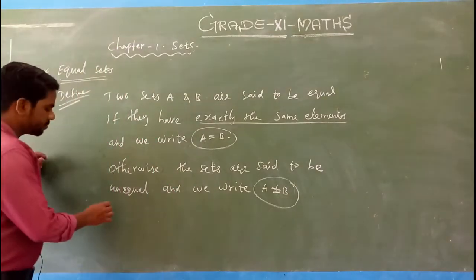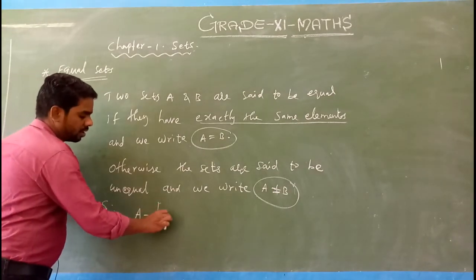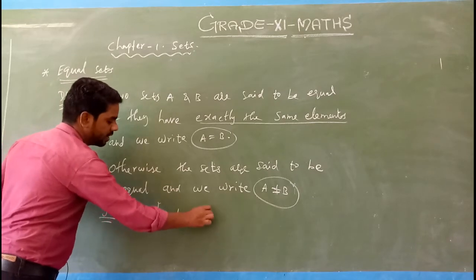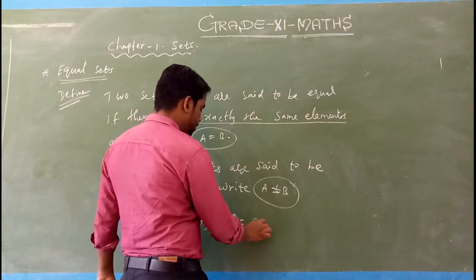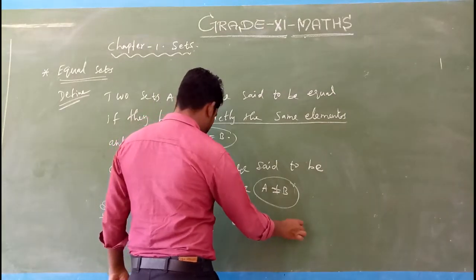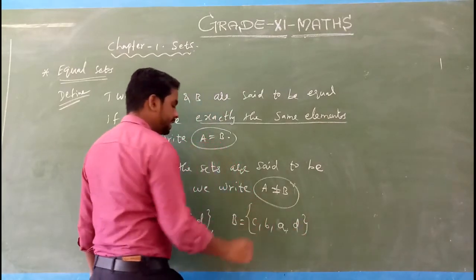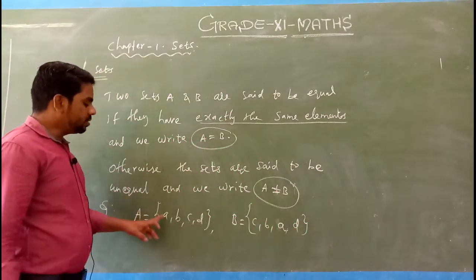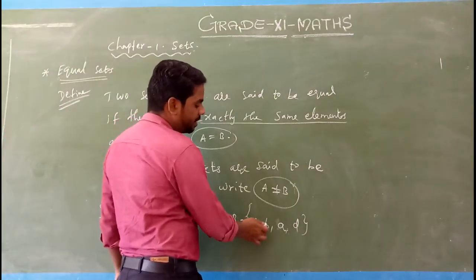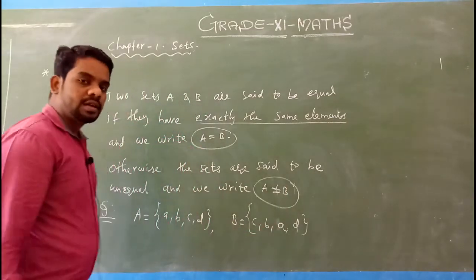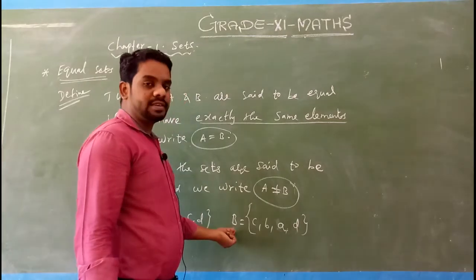For example, let A equal A, B, C, D and B equal C, B, A, D. Both have the same elements, but the order is different.